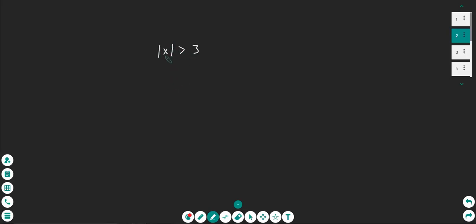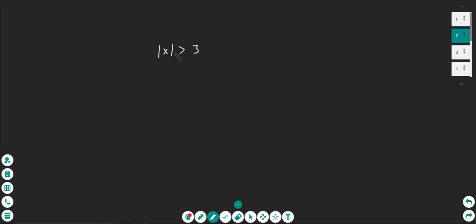That might sound a little confusing at first because we have absolute values and an inequality right here, and it's sometimes hard to wrap our minds around what we're really looking for. But if you think of it in terms of what we've just described, you might ask yourself, what numbers are greater than 3 units away from 0?